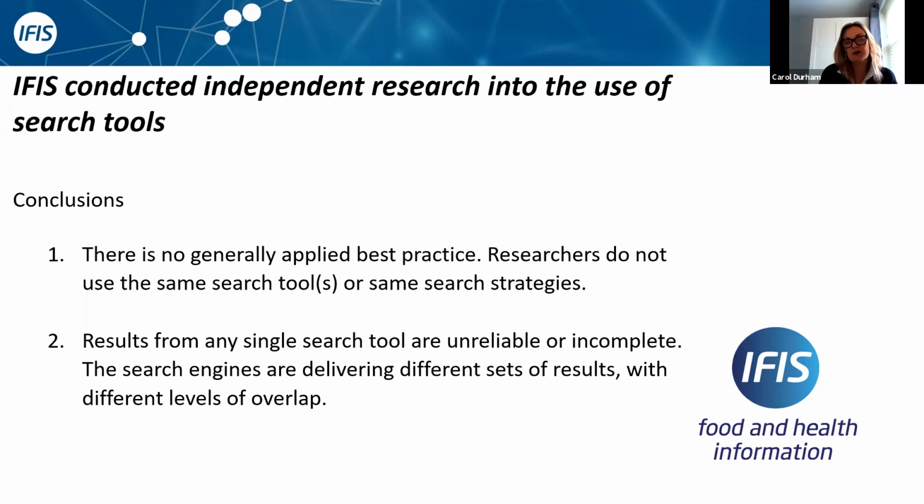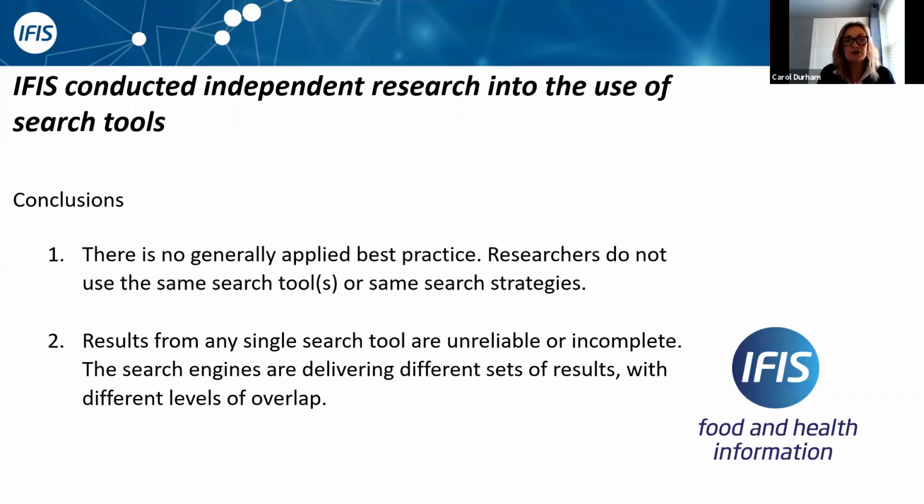One of the other findings was that results from using just one single search tool can often be unreliable or incomplete. So different search engines deliver different sets of results with different levels of overlap. You can search for the same keyword in different tools and you'll get back different results, so you need to be very careful.